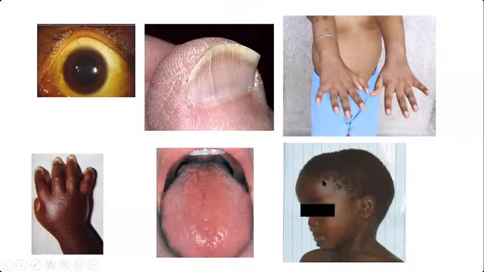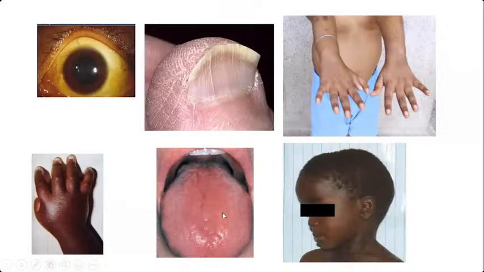The boy below has skull bossing. This is where the forehead and the back of the head get some prominence, so that the forehead seems like it's protruding. It is more prominent, and the cranium also looks abnormally shaped. This is a feature that we commonly see in some of the hereditary or chronic long-standing hemolytic anemias like sickle cell anemia.